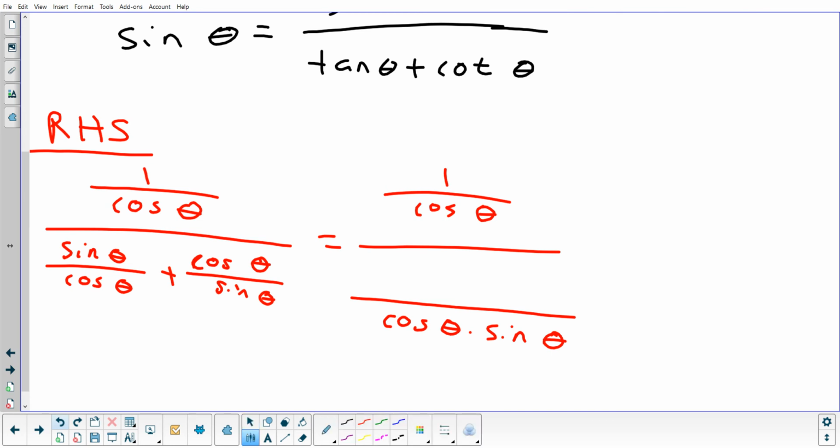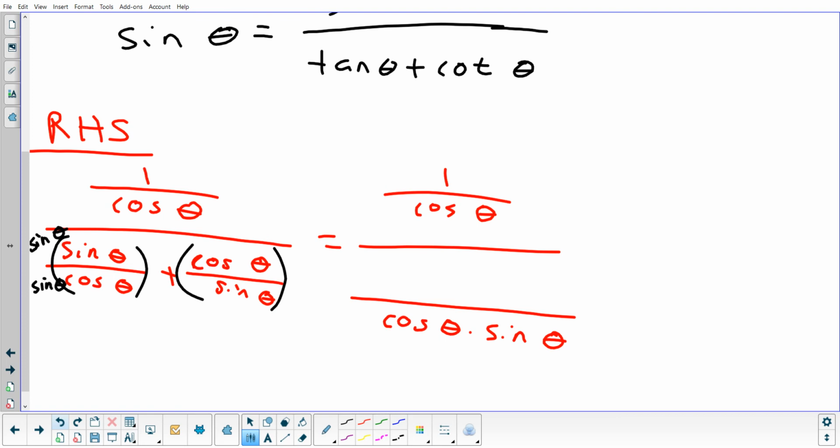Now, what do we have to multiply? Because each of these, we have to fix it so it has the common denominator. What does the fraction on the left get multiplied by? Top and bottom. Yep, by sine of theta. I don't have a ton of room on my space here, but I'm just going to squeeze it in.